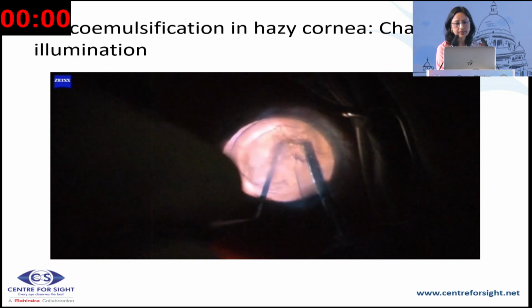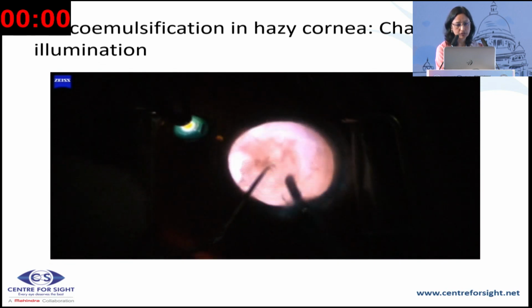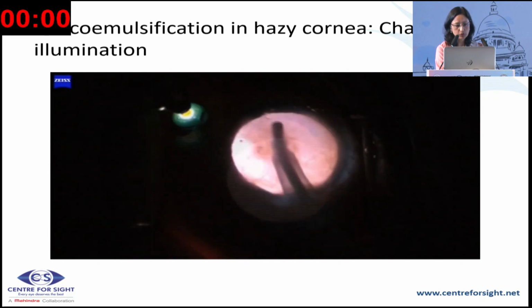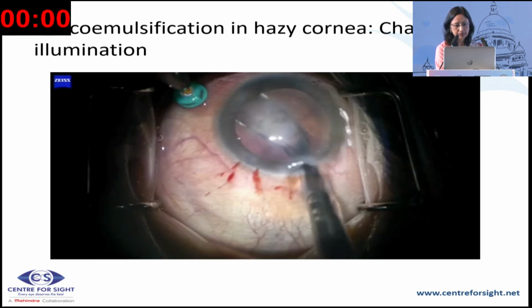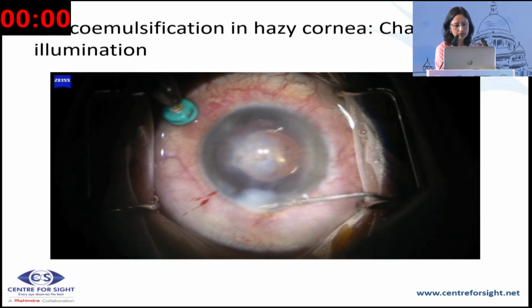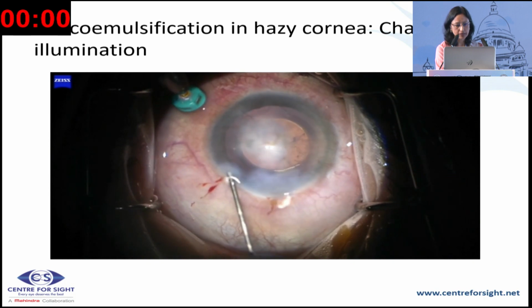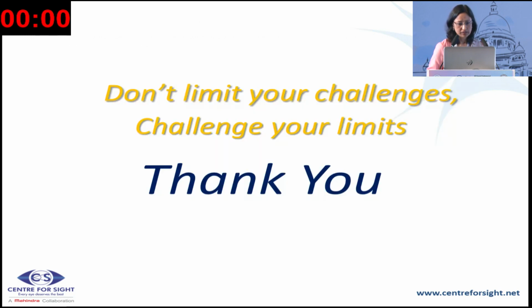All these steps can be performed under direct visualization without damaging the posterior capsule. So we remove the cortical matter, place the single piece lens inside the capsular bag, and pull out the trocar, leaving a self-sealing wound behind. So you can see that all these situations could be managed successfully via pars plana.